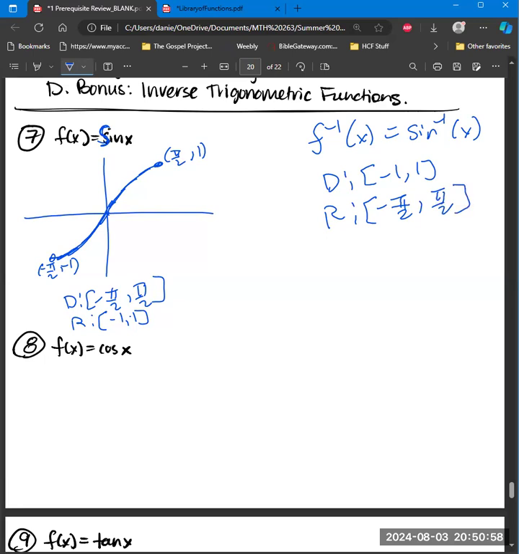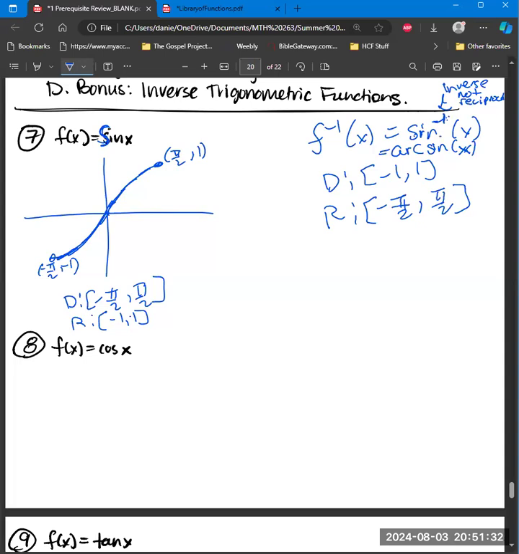Note that this inverse symbol is inverse, not reciprocal. Don't use that for reciprocal notation. Another way to write that to avoid confusion is to write arc sine like that. I'll try as much as I can to remember to write arc sine, but your calculator is going to use the second sine function, which will be arc sine like this.